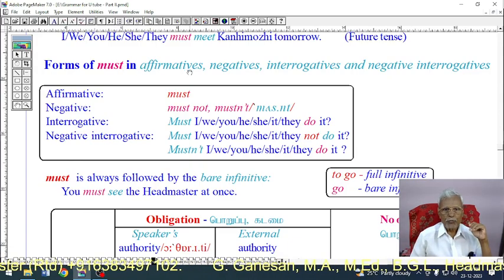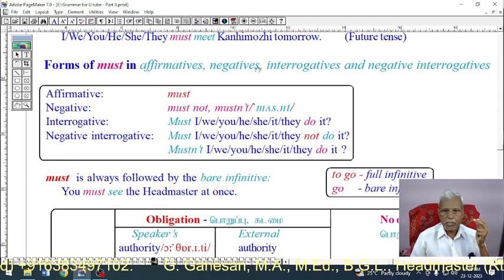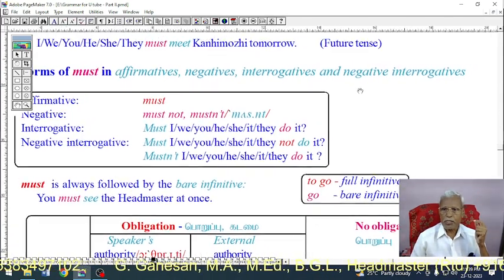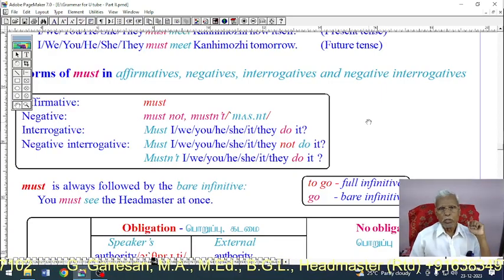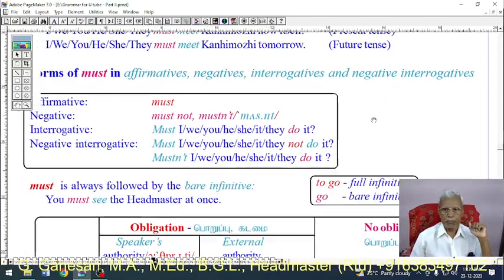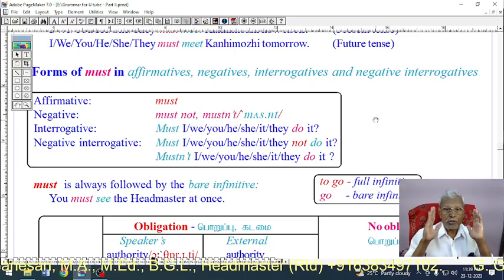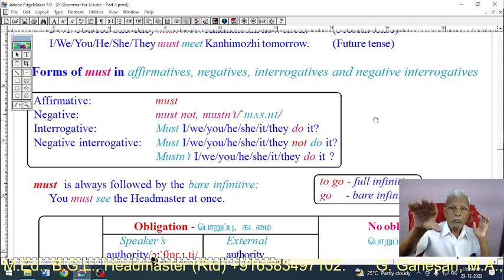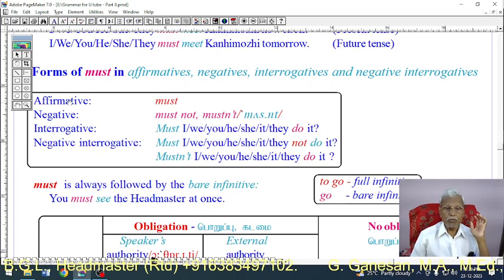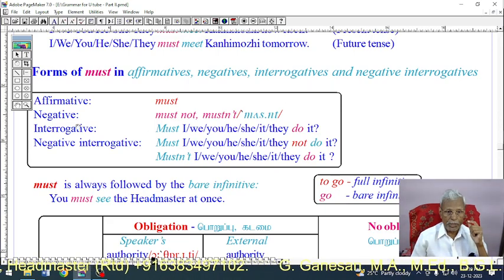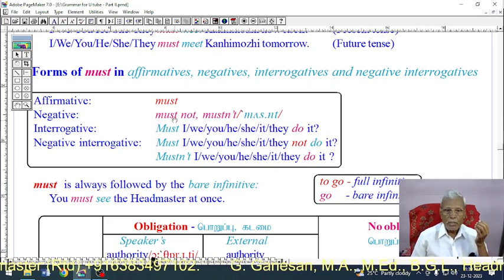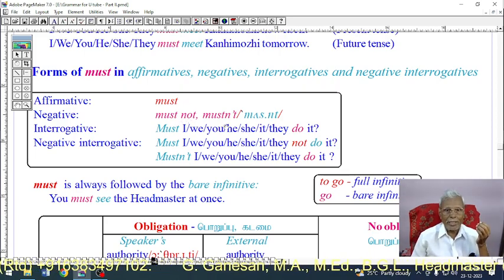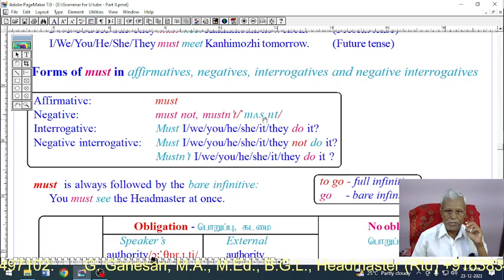Forms of must in affirmatives, negatives, interrogatives, and negative interrogatives. In these 4 kinds of forms, the form of must: affirmative, that is positive, must. Negative, must not and mustn't. Mustn't, 2 syllables.